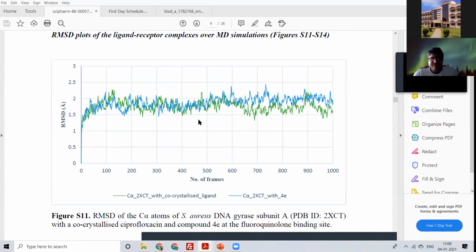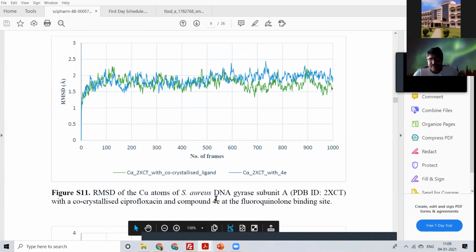So RMSD is quite stable. Here this is the DNA gyrase A subunit, and we compare this simulation with the co-crystallized ciprofloxacin and our compound. We observe that the trajectories are quite stable for both our compound and the co-crystallized structure.